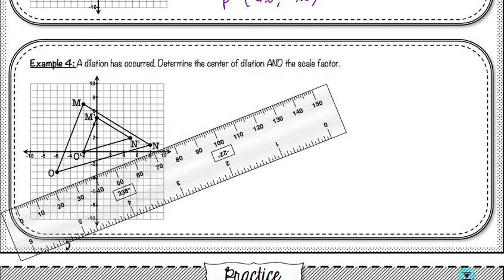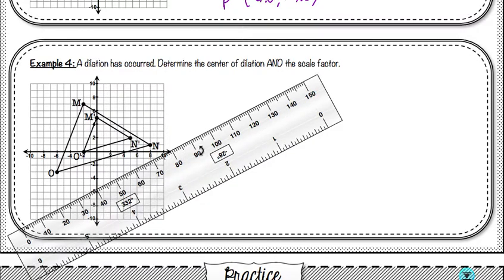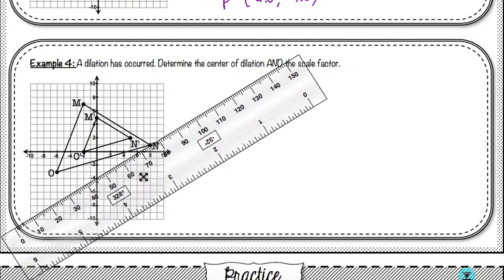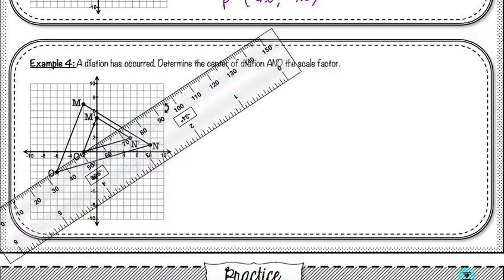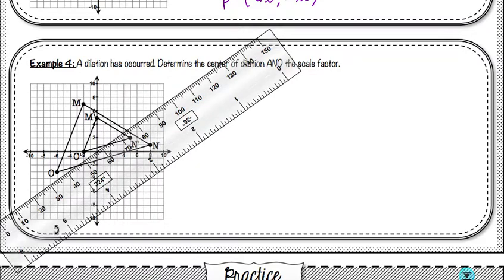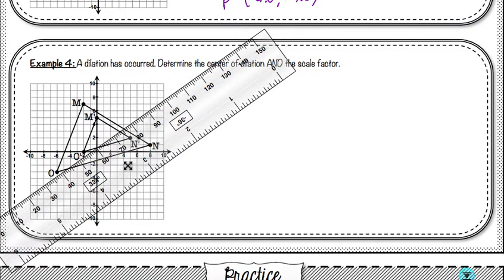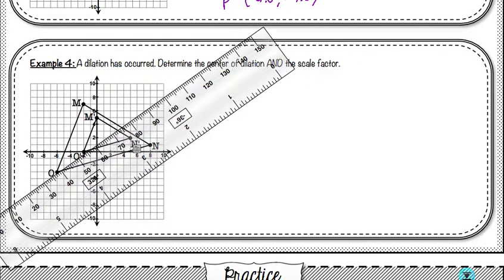This might take me a moment to get my ruler oriented the way I need it to be. So you see O and O prime. We want to connect those dots. Okay, that's the best I can do to connect those dots.